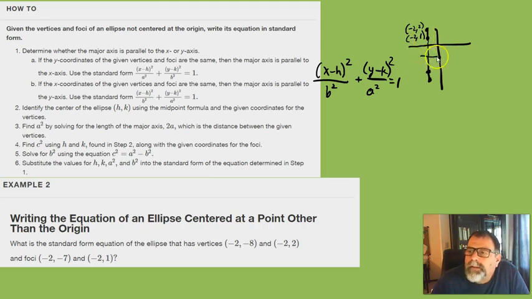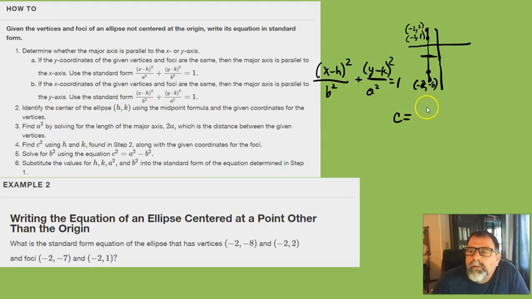Okay, so the center is going to be the midpoint from here. So how do you find the midpoint between 2 points? Well, you add the coordinates and then divide by 2. This is the midpoint formula, right? They didn't show you that.